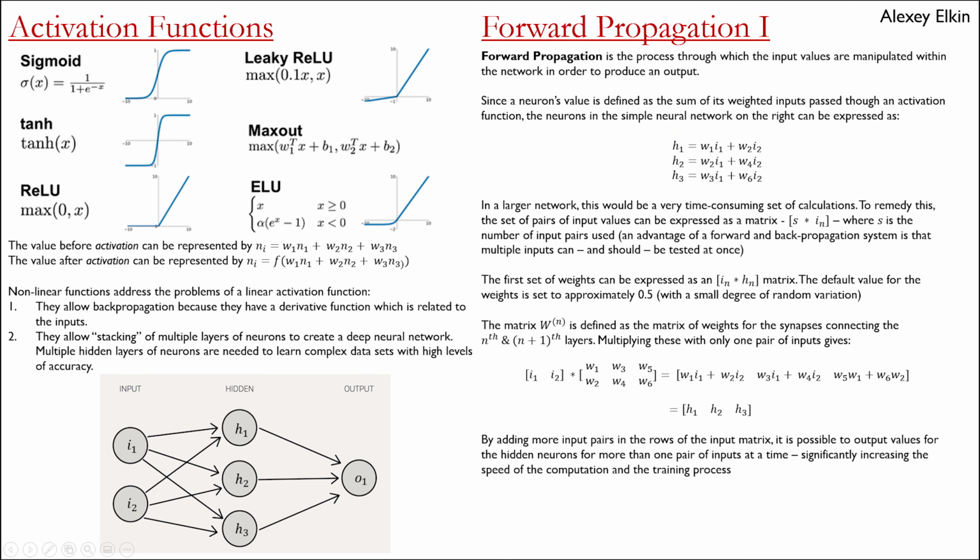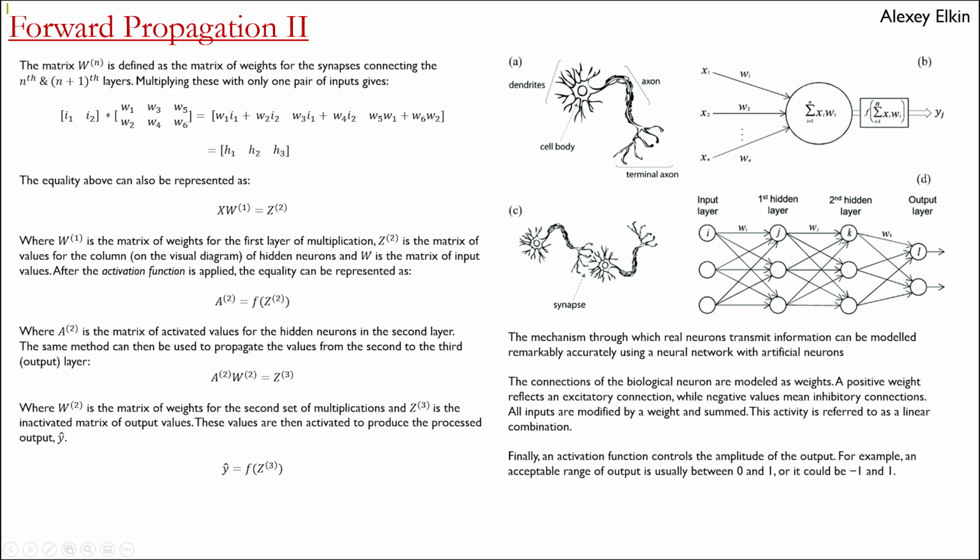The equation at the top of the page can also be represented as this, where W1 is the matrix of weights for the first layer of multiplication, Z2 is the matrix of values for the column of hidden neurons in the visual diagram, and X is the matrix of input values. After the activation function is applied, the equation can also be represented as this, where A2 is the matrix of activated values for the hidden neurons in the second layer.